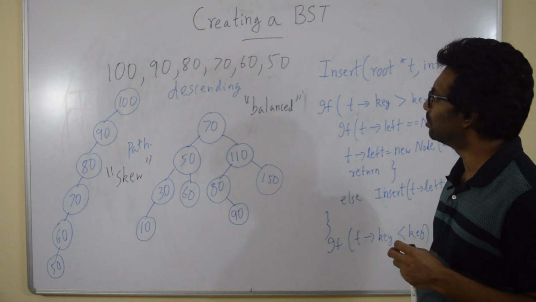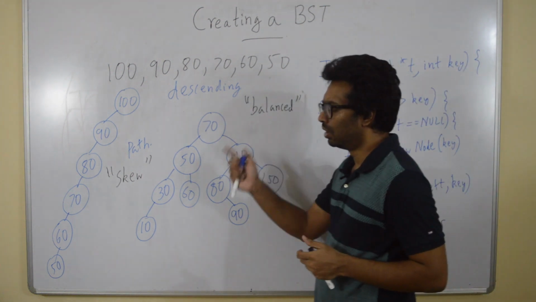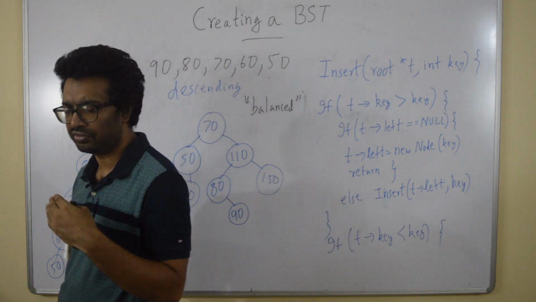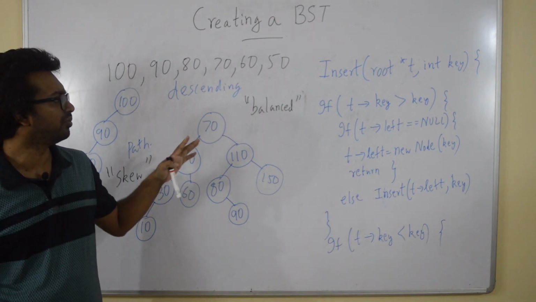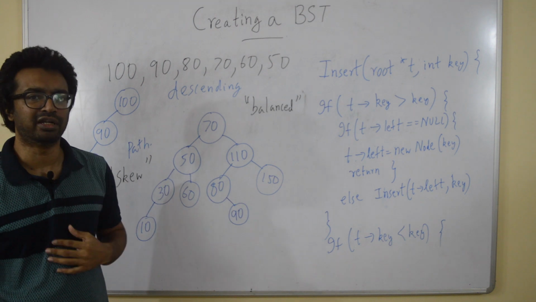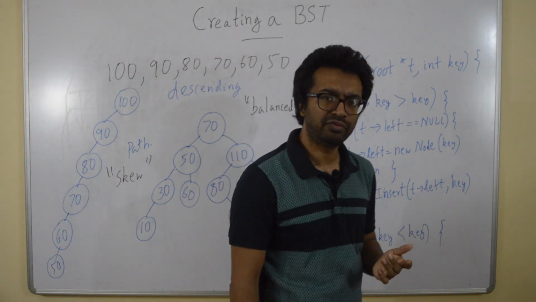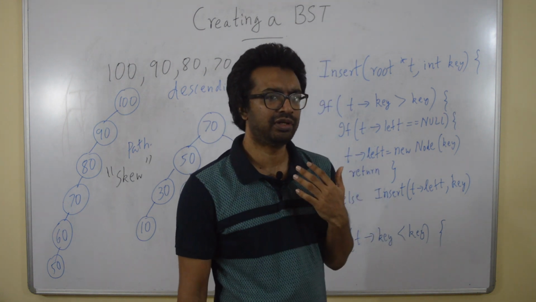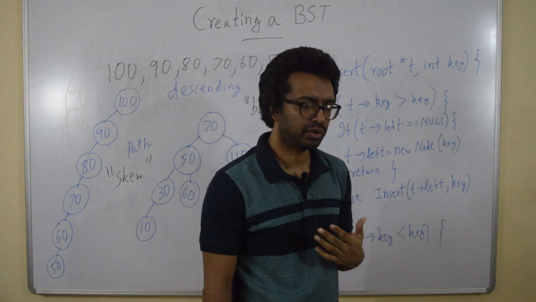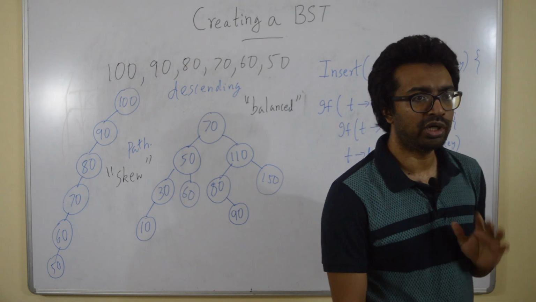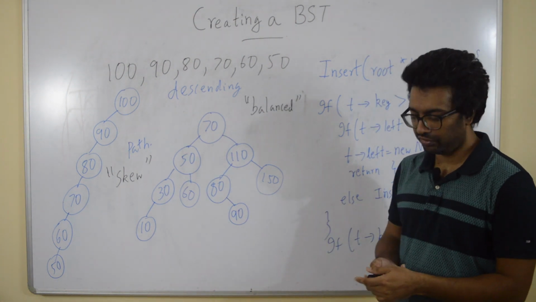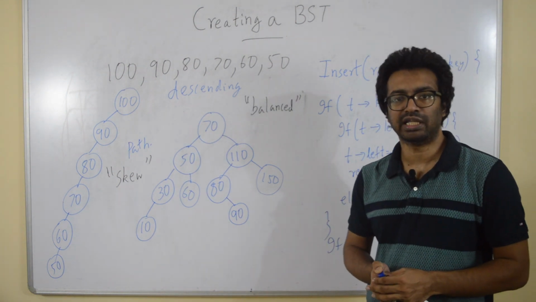Another question, which we will always have to think about: what do we do to balance a binary tree? If you want a balanced binary tree, you have to look at what are called AVL trees.